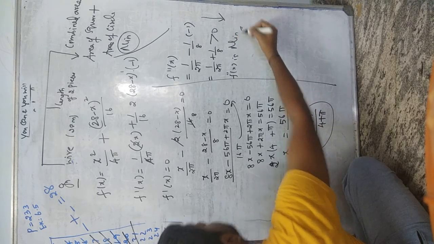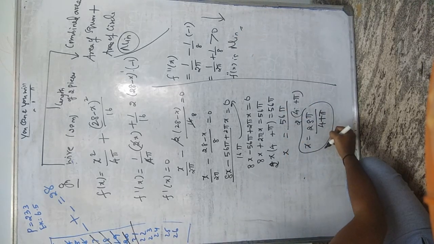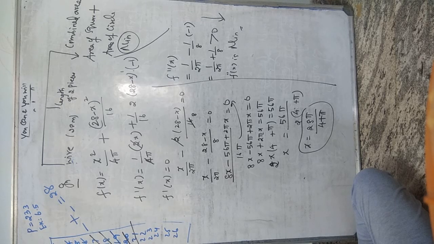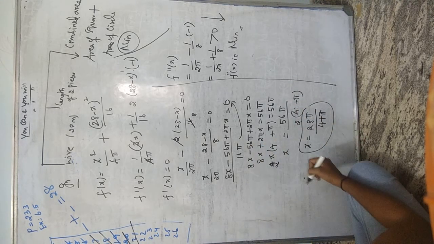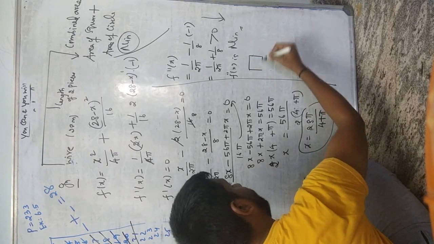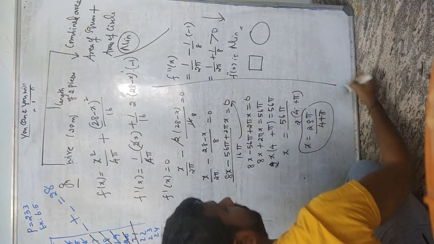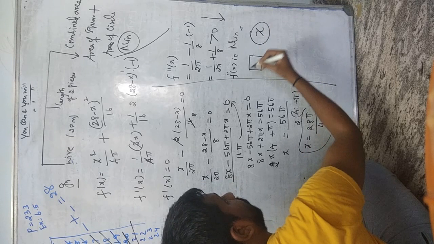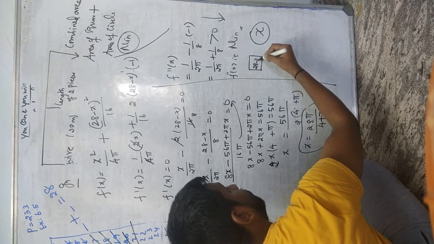I have to find the length of two pieces, right? Already I found the length of the two pieces. One is 28 pi upon 4 plus pi, and another one is the square. As I told earlier, one shape is formed as a circle from x, and the square will be formed from 28 minus x.